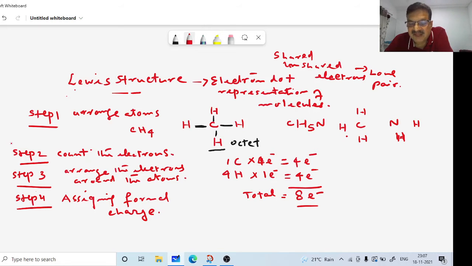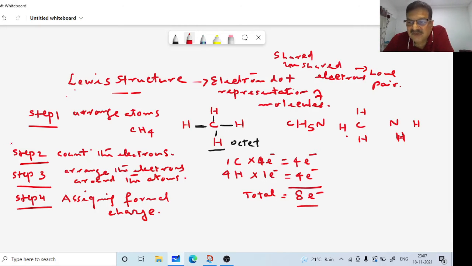That's the first question. Now the second question: is each hydrogen surrounded by 2 electrons? Then each second row element, that is the element in the second row of the periodic table, is surrounded by not more than 8 electrons. These are the 3 questions we should raise here to check whether your answer is correct or not.